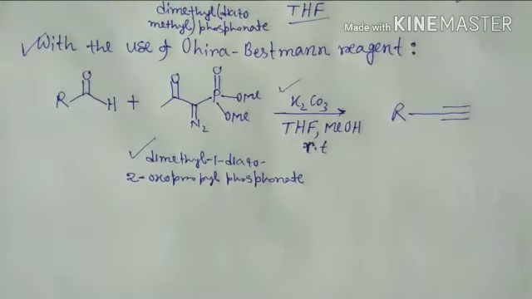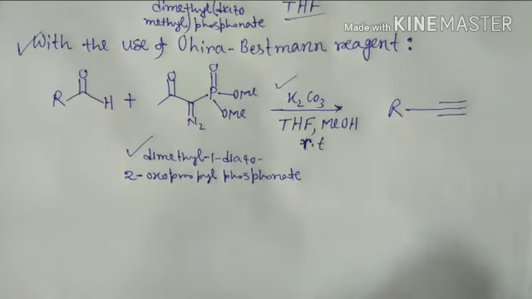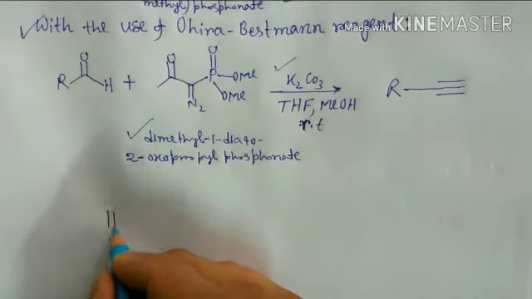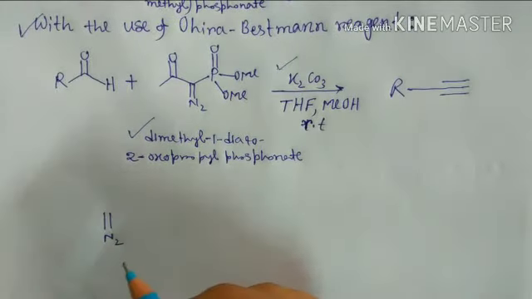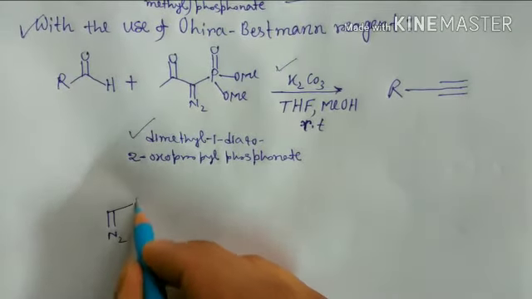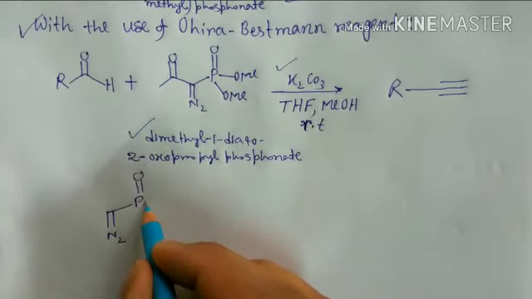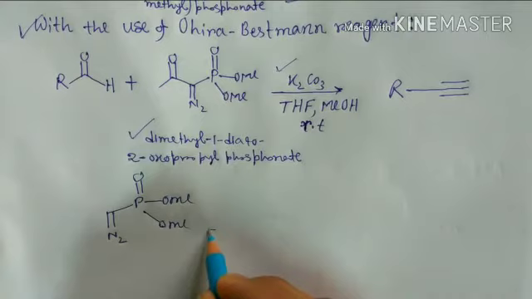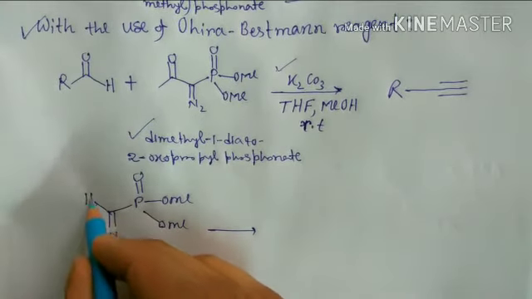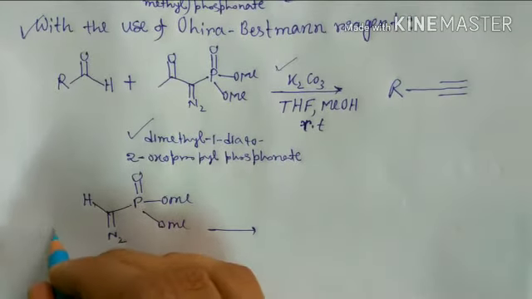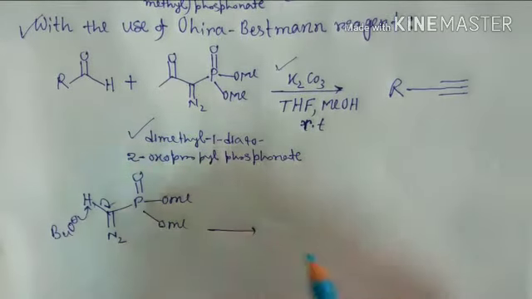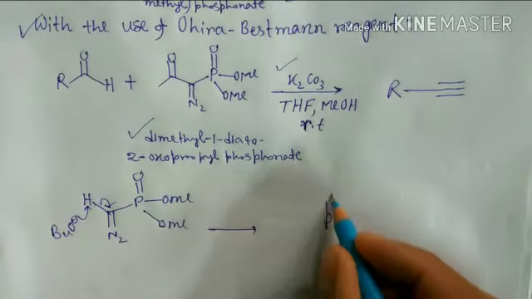So first I will discuss the mechanism of the actual Seyferth-Gilbert reaction, and for that we have this dimethyl diazomethyl phosphonate and we have tert-butoxide base. So in the first step, the tert-butoxide anion will deprotonate from here to give you this.